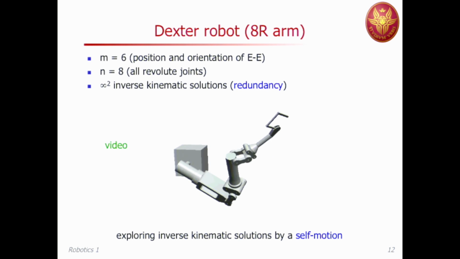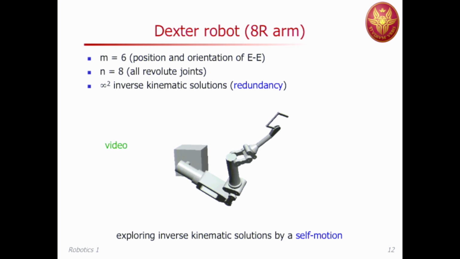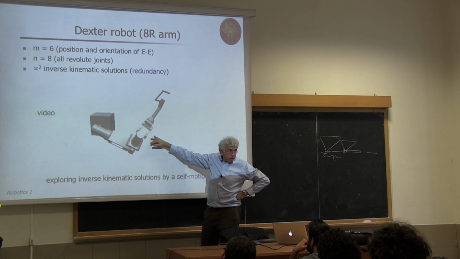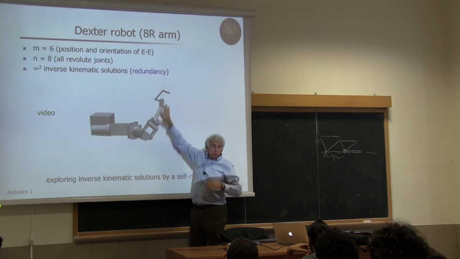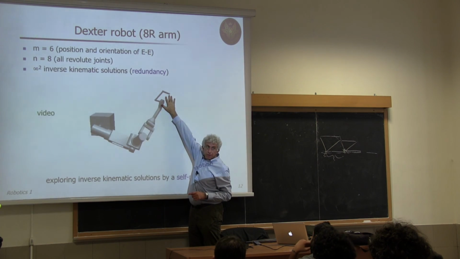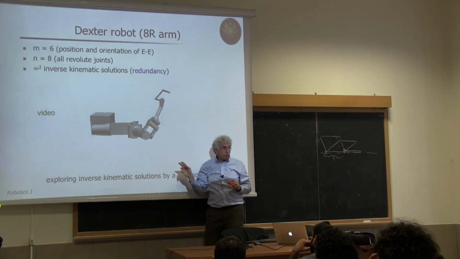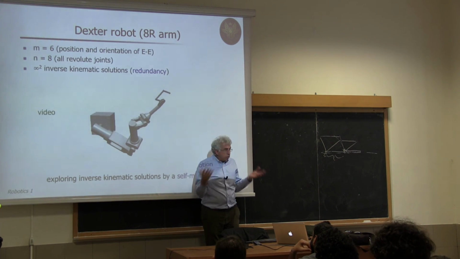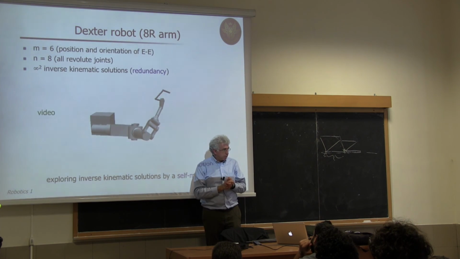So this video shows that if you're fixing position and orientation of the end effector, you still have an internal motion of all 8 joints, by the way, such that this is kept fixed, which means that if I'm assigning you this pose for the end effector, a task of dimension 6, and I have 8 joints, I have an infinity to the 2 possible configurations realizing the same position.